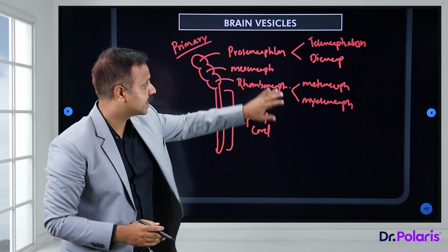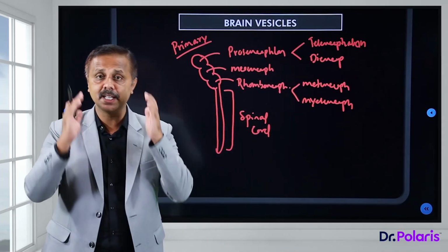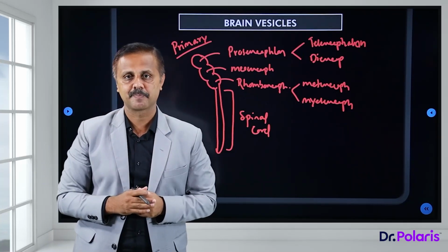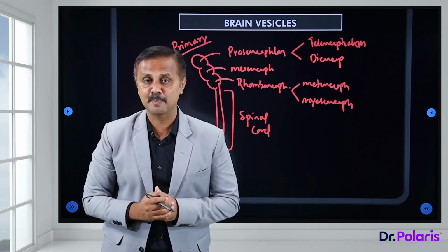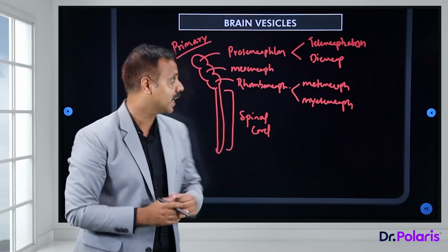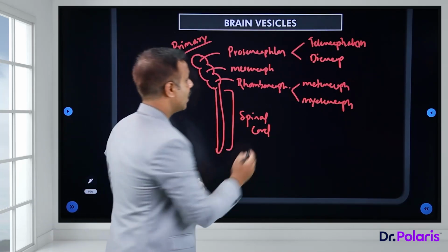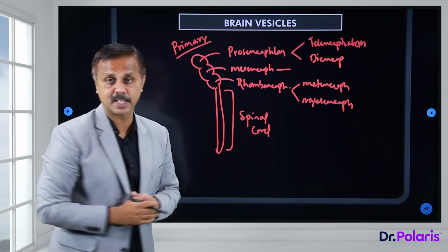What is the fate of these secondary vesicles? Remember, the telencephalon will ultimately give rise to the cerebral hemispheres, whereas the diencephalon forms the subcortical gray matter referred to as thalamus or hypothalamus. Then the mesencephalon will not undergo any division, so it will not form any secondary brain vesicle.